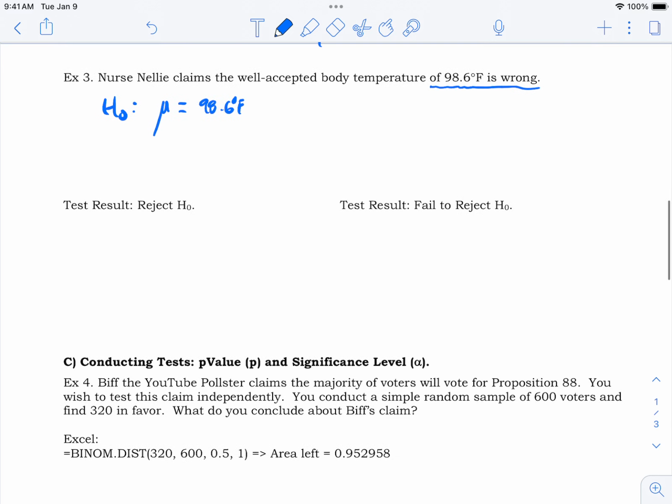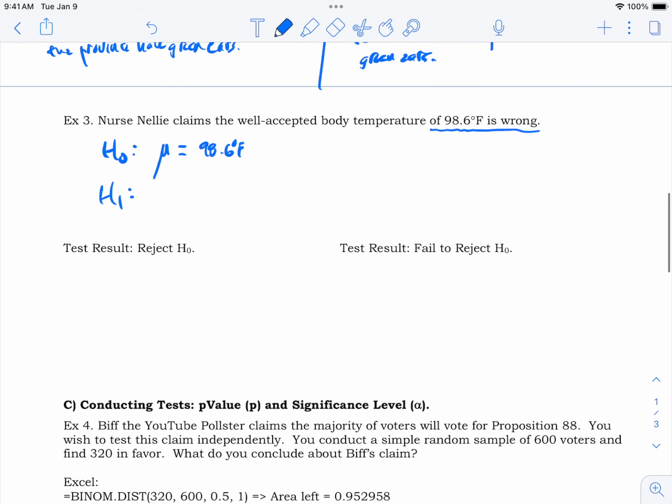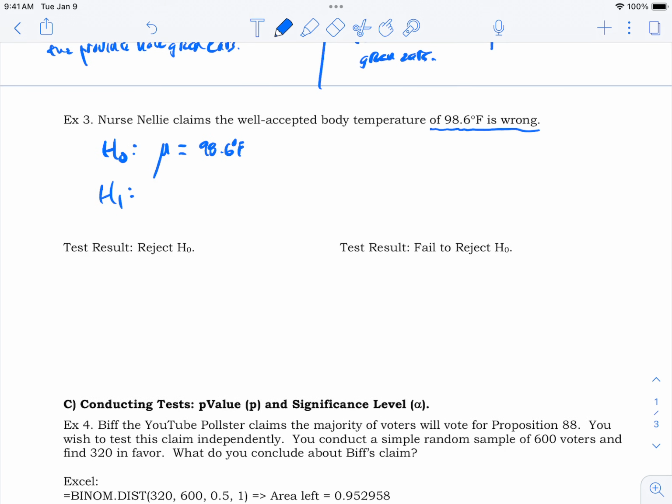That would be the H0, and the H1 in this case, again, she's not saying it's lower, she's not saying it's higher. She just says it's different. Okay. So we take a bunch of data, and if we assume that it really is 98.6, we can calculate a p-value. Hey, we got 90 degrees.